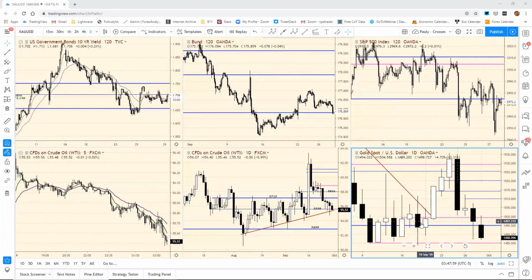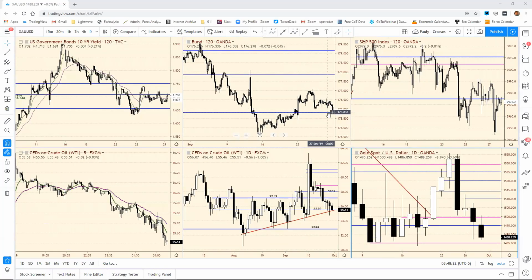You can see here gold continuing to pare back a bit on the spot, 1485. I think the December futures are trading about a $7 premium, so you'd be looking at support around 1492 in the futures. You can see crude oil. Remember we mentioned here, it's just dripping a little bit lower, just below this 55.50. Now we've got a daily trend line from here. And you can see the S&P's kind of holding their own for right now.